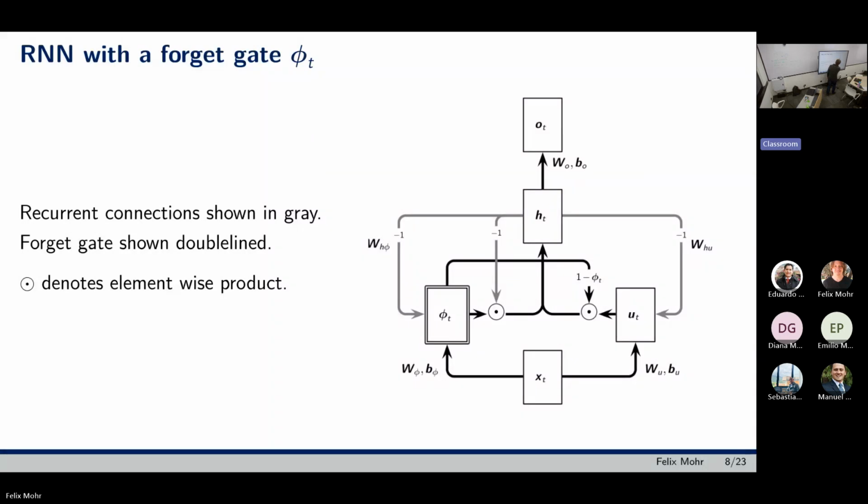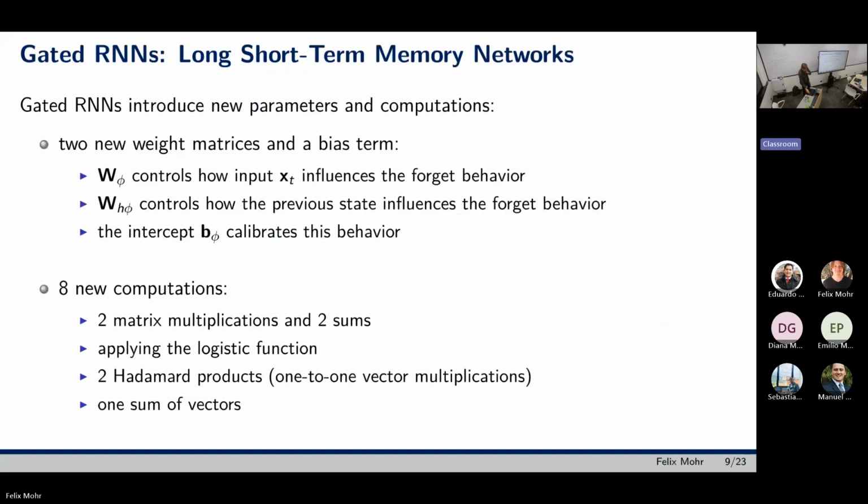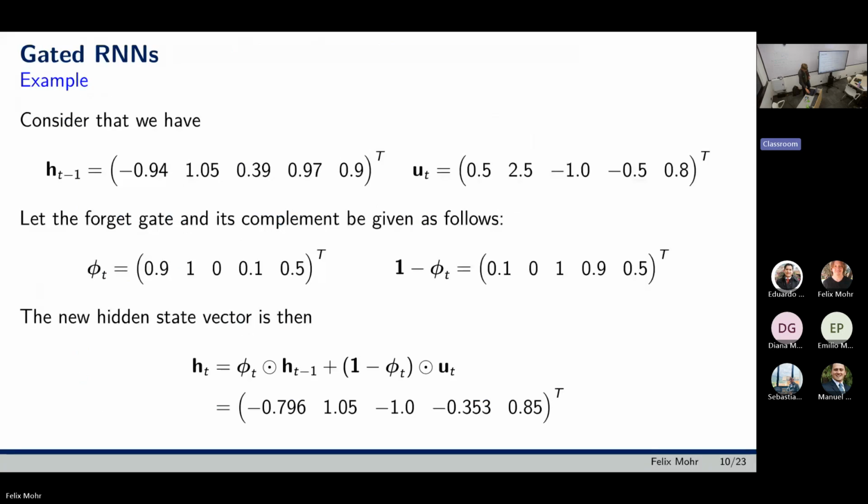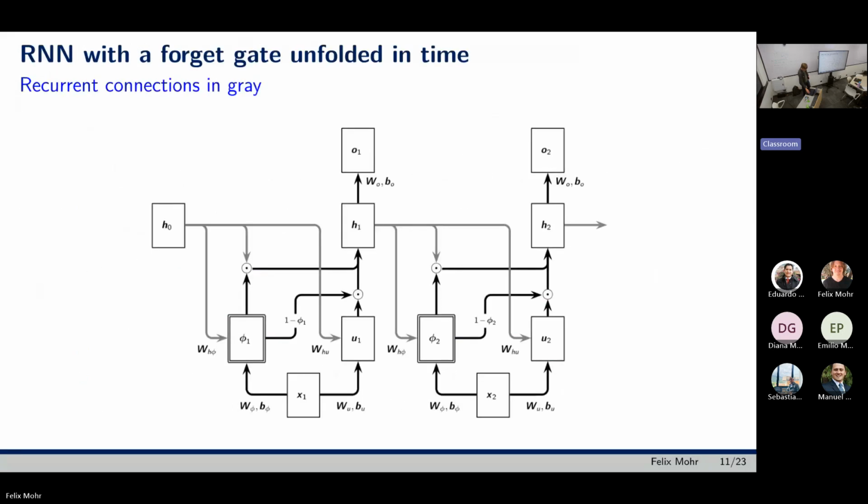But in the output, it's the same. And here for the update part, you also use the previous step. So the -1 doesn't say that you multiply with -1. It's the index where you have the subtraction with one. Exactly. Okay. Good.